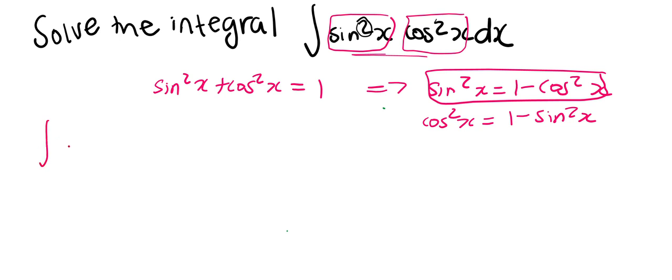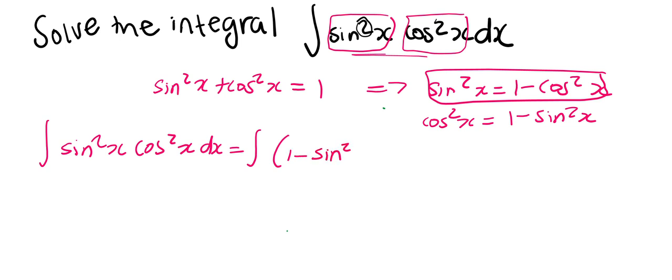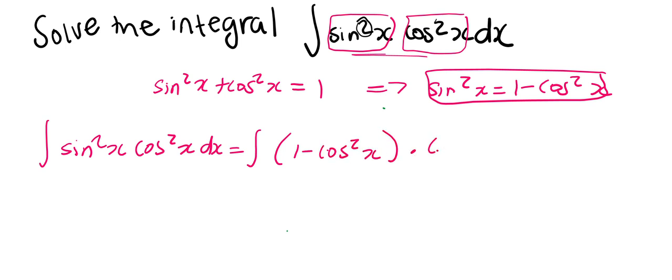So the integral of sine squared x cos squared x dx is equal to the integral of, sorry guys, remember we said we're replacing sine squared, so let's erase this one so that we don't get confused. This will be 1 minus cos squared x times cos squared x dx.